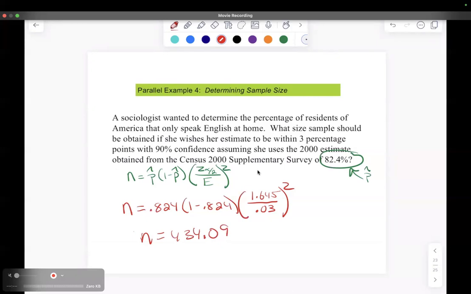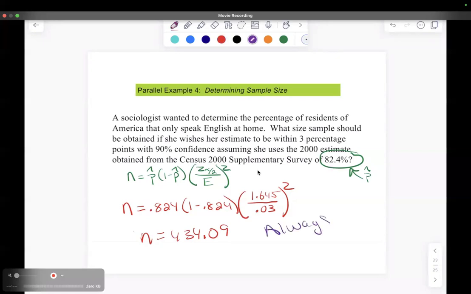Now here is the trick. You always round up because sample sizes have to be a whole number. You can't sample a 0.09 of a person. 434 is not enough because it is smaller than this value. Always round up. I'm going to write this largely here.